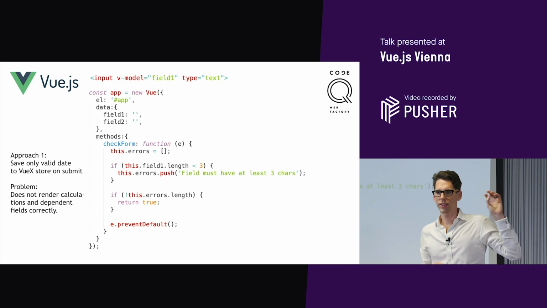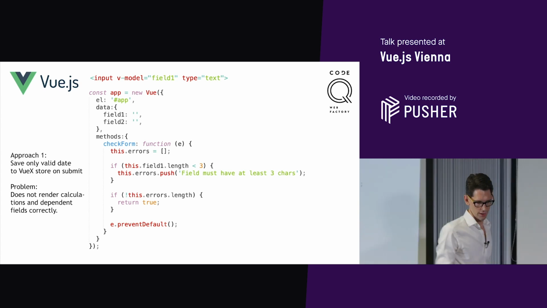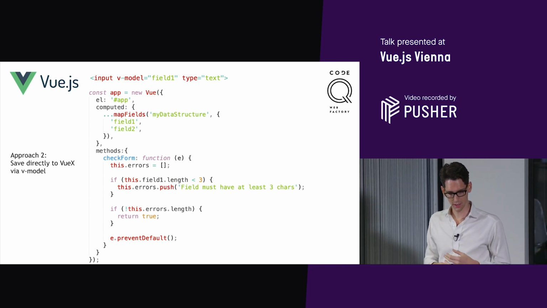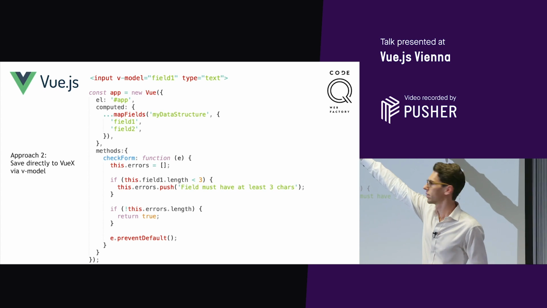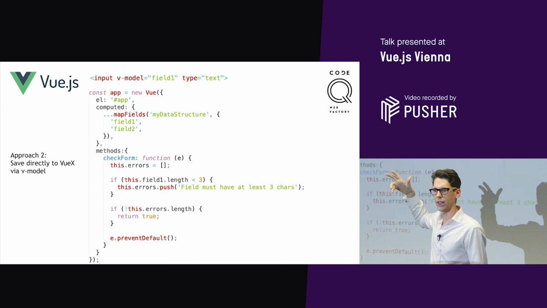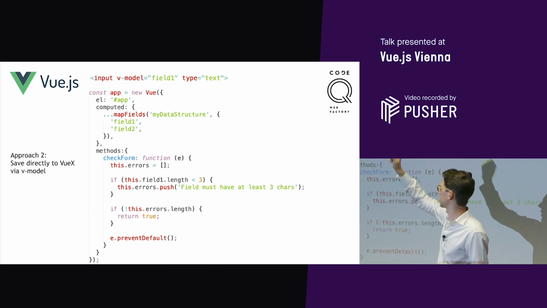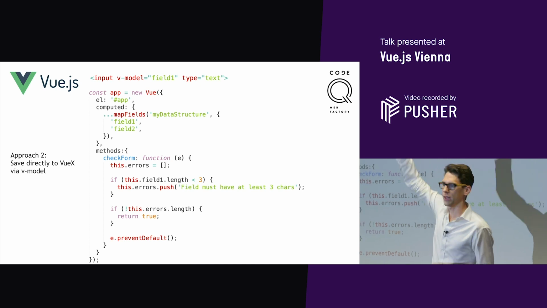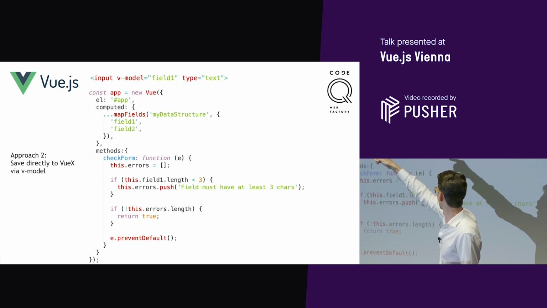So you actually want to save the data directly to the Vuex store. This would be done like here. I'm using Vuex map fields. These fields look like normal data fields, and they have a getter and a setter. Every time someone types in the input field, that triggers a mutation and goes into the store.